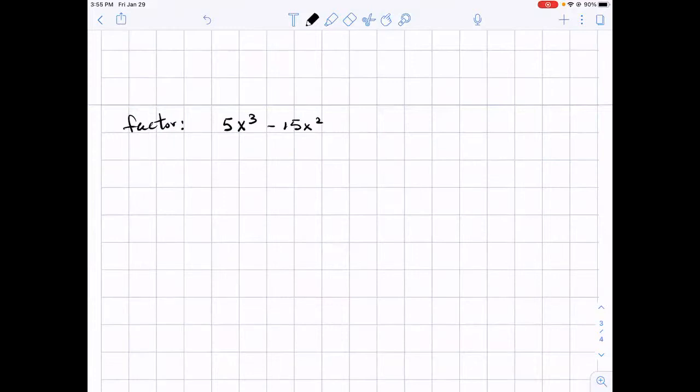Because not all polynomials can be factored. So let's look at our GCF. What goes into 5 and 15, the largest possible number? Okay, so if you think about that, 5 is divisible by 5, and 5 goes into 15. So the GCF will be 5.